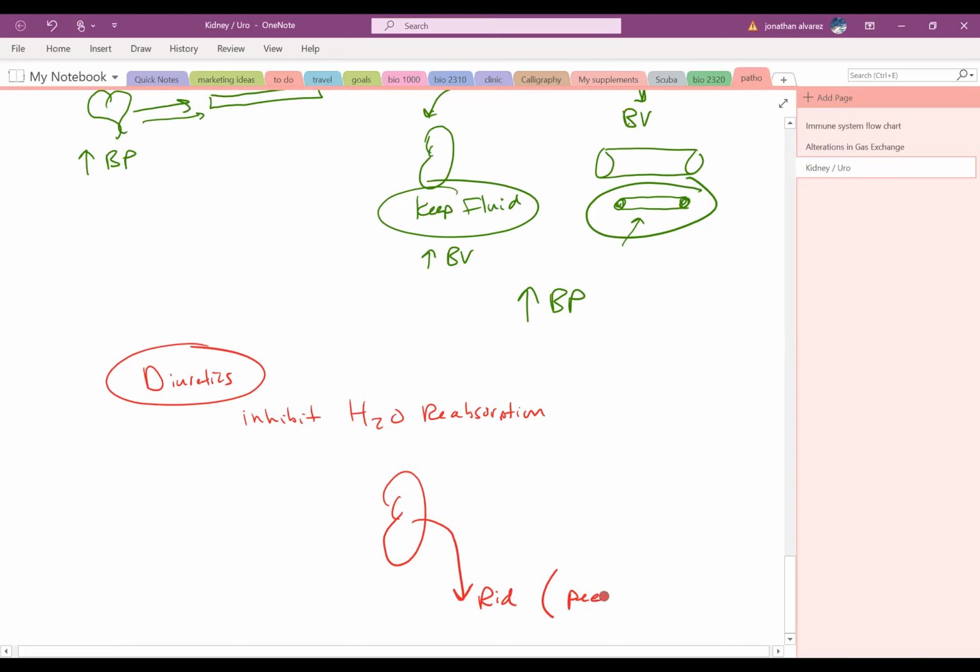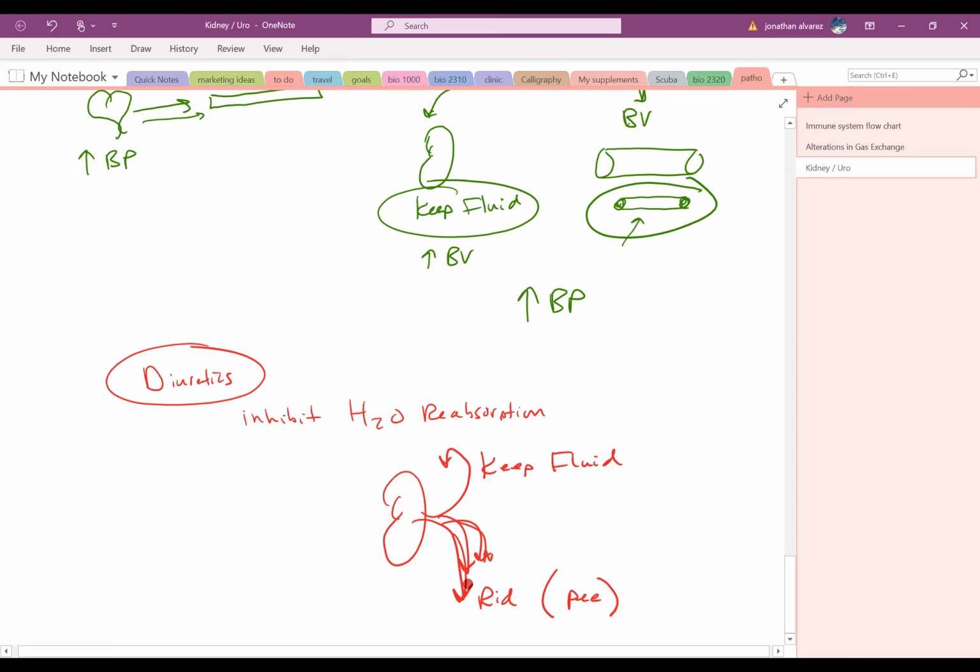So you pee that out, but it can also recycle it, so you can keep fluid. But a diuretic is going to make you lose fluid more rapidly.